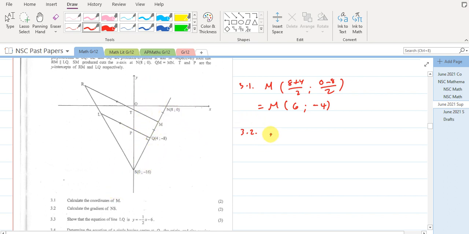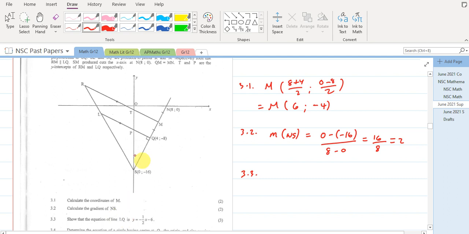Otherwise, the gradient of NS equals y2 minus y1 over x2 minus x1, so 0 minus (-16) divided by 8 minus 0. What we're getting is 16 over 8, which is equal to 2. So the gradient is 2.